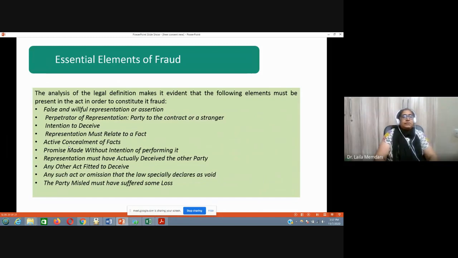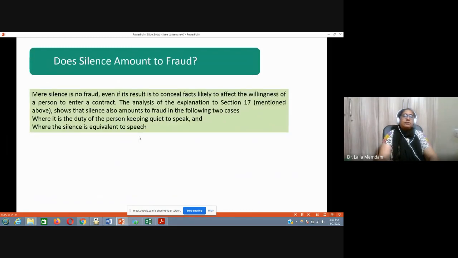Sometimes they do not have any intention of performing them. The representation must have actually deceived the other party. The other party has entered into a contract and must have been actually deceived. Any other act fitted to deceive, any such act or omission that the law specifically declares to be fraudulent, and the party misled must have suffered some loss.